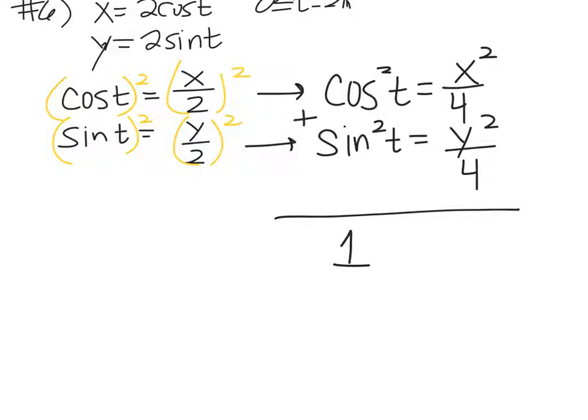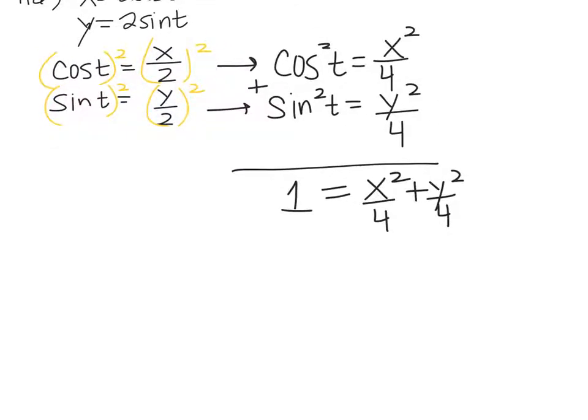Chills, right, Matthew? Major math goosebumps, yep. And then that equals x squared over 4 plus y squared over 4. Let's clear the fractions by multiplying both sides by 4 and rearrange. I get x squared plus y squared equals 4. It's a circle with radius 2.